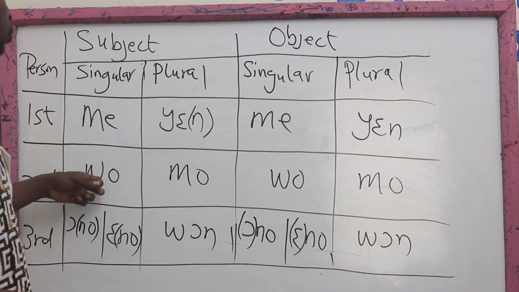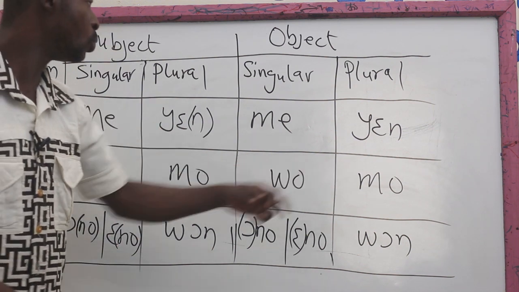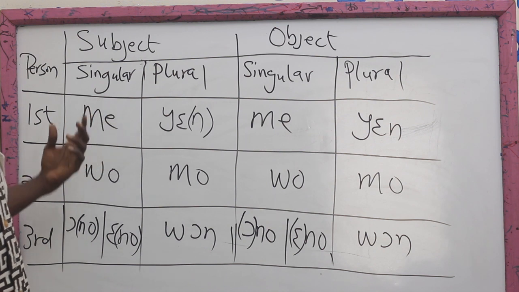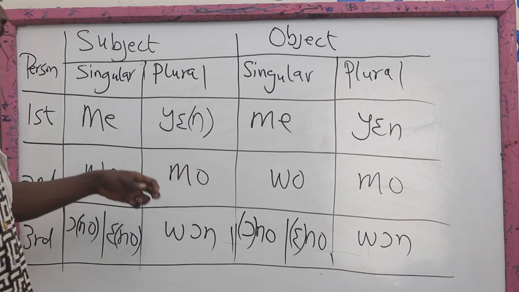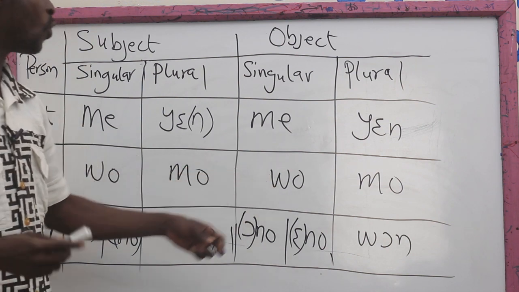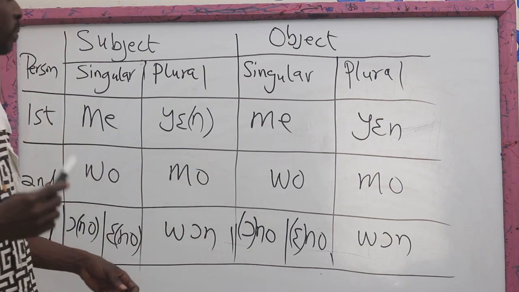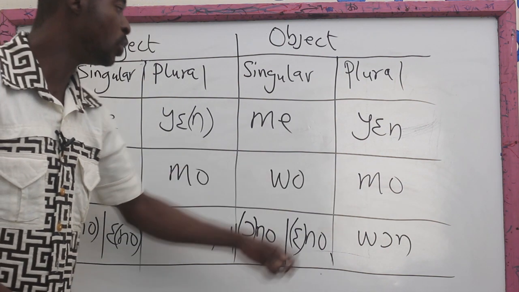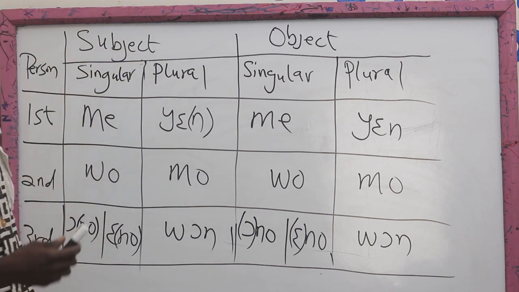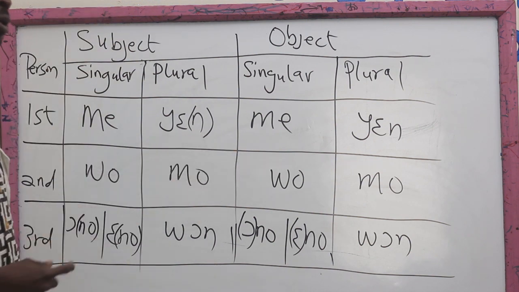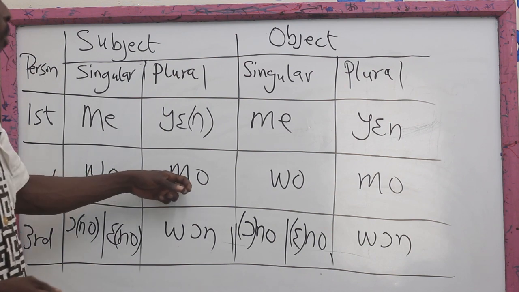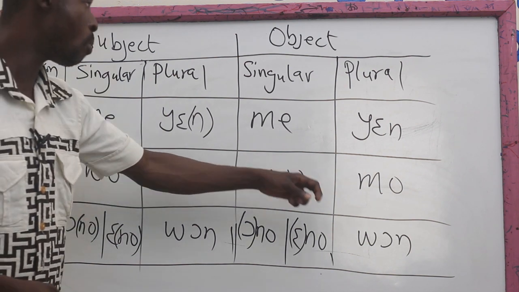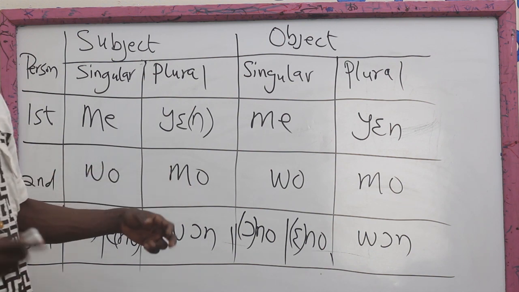In English we have you for the subject singular, you for the subject plural, you for the object singular, and you for the object plural. English is the same, you. But in Akan it is wo, mo, and wo, mo. Wo is singular, mo is plural.